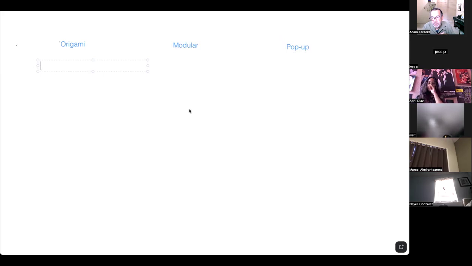What happens normally with origami, or what doesn't happen, is a lot of times there's not enough enclosed volume, right? The enclosed volume is essentially, if you think about a balloon, that's a perfectly enclosed volume. It's enclosed all the way around. If you tie the top, it's completely enclosed.